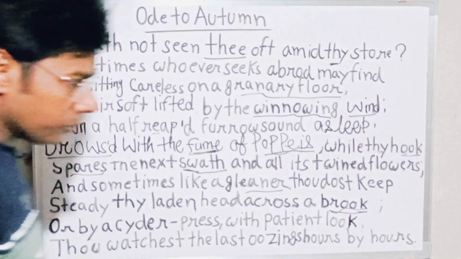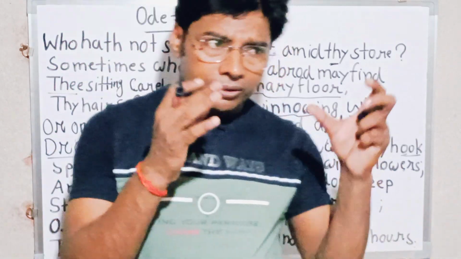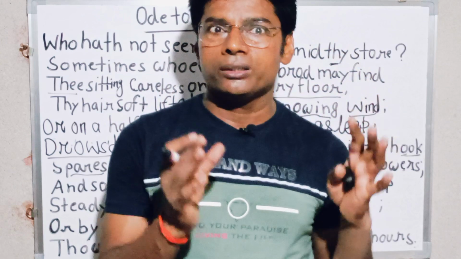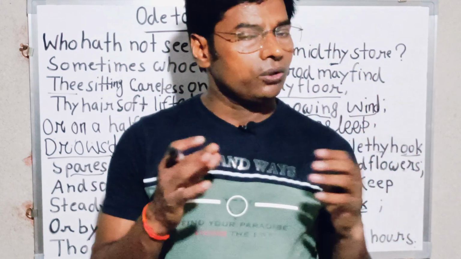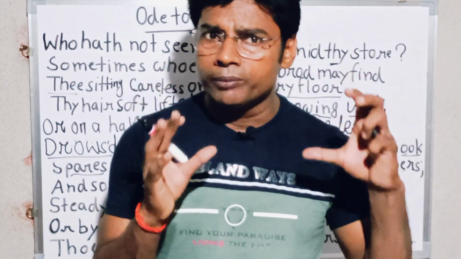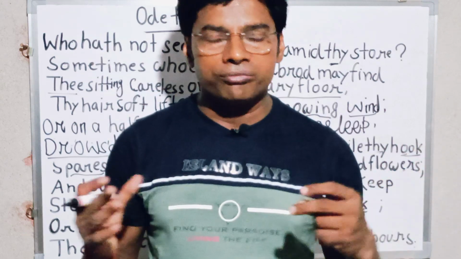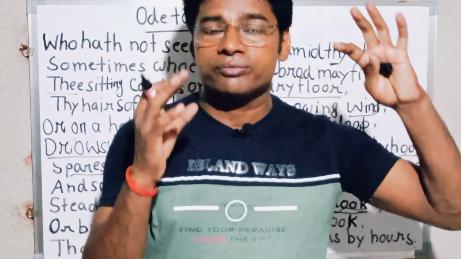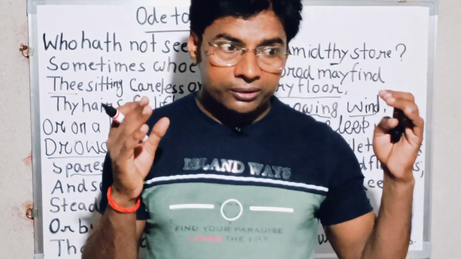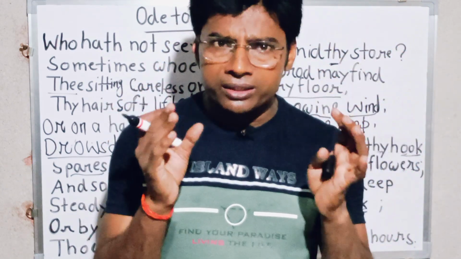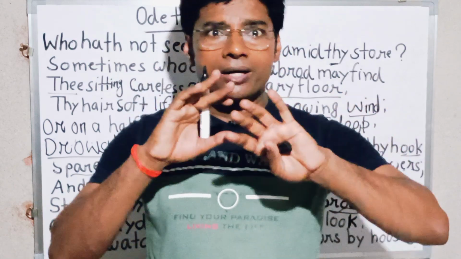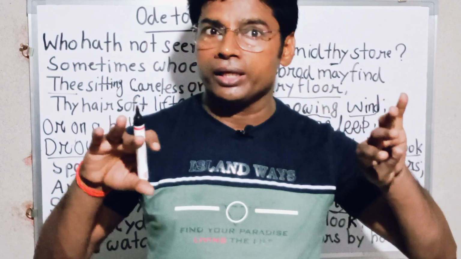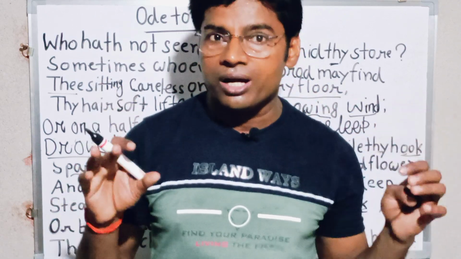So he says that first of all he personifies autumn as a woman sitting on the floor of a grain, and her hair is uplifted by the soft wind, that favorable wind that helps a farmer to separate the grain from the chaff.